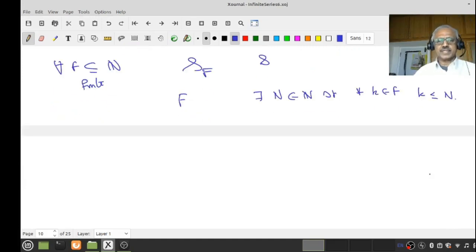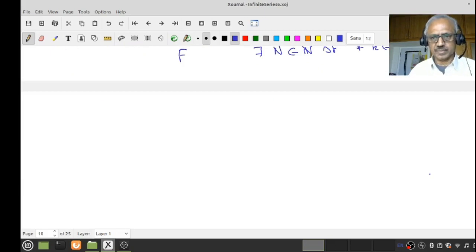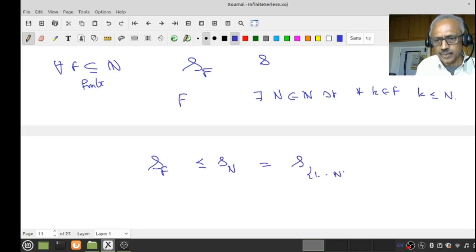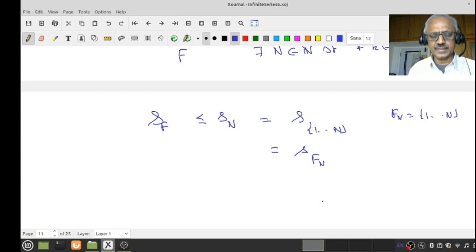Because there are only finitely many terms. So take capital N to be the maximum of the elements in F, for example. Therefore, S_F is less than or equal to S_N. Remember, S_N is nothing other than S of F_N, where F_N is 1 to N. Do you agree?